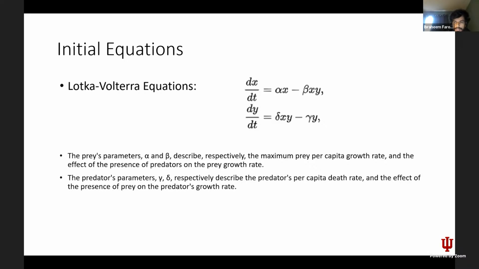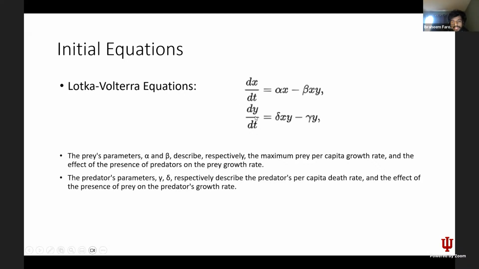X is the prey population and Y is the predator population. Here we can see that the change in prey population is dependent on alpha X. Alpha is the intrinsic growth rate of the prey population, and beta is the effect of the predator's existence on the prey. So basically some positive value minus however much the predator is influencing the prey's decay.